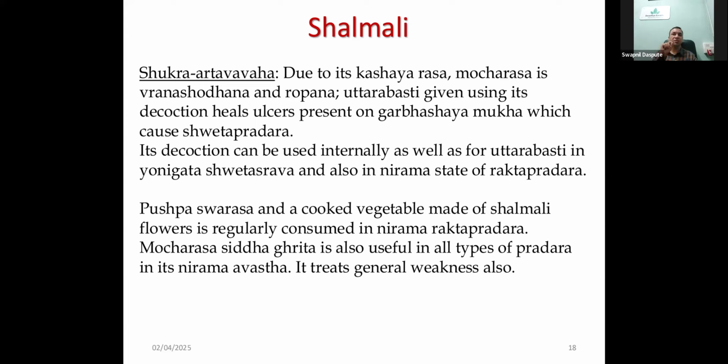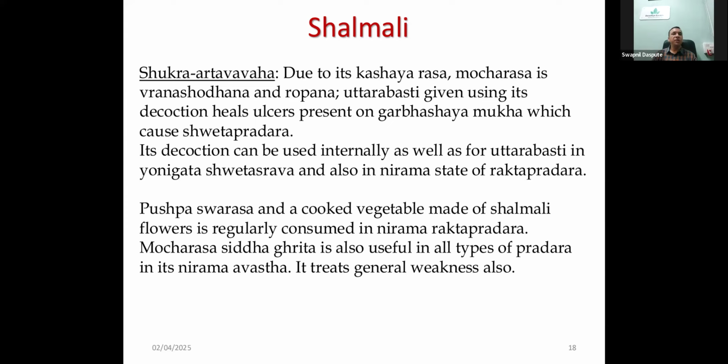So the Uttarbasti goes into the uterus in the female. So wherever there is garbhashay inside, if there are any wounds or ulcers, or even in the garbhashay mukha, cervix region, there picha or the decoction of mocharasa can be used in order to give picha basti.